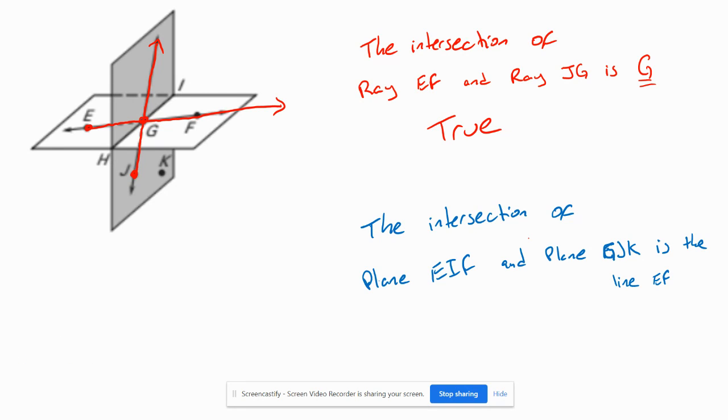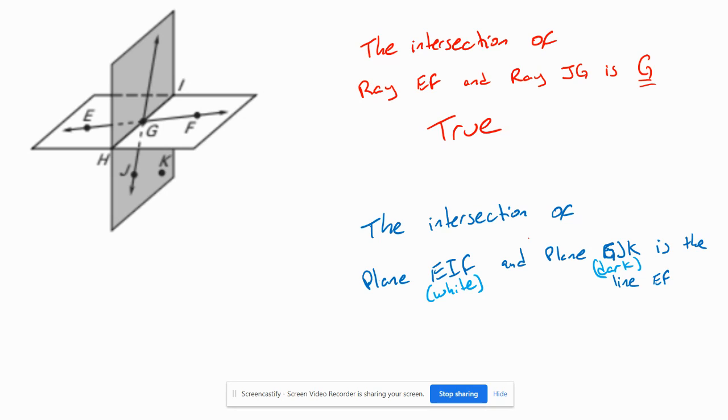Now, for my second question, the intersection of plane EIF. If you look at the points EIF, you'll notice my figure has a dark plane and a white plane. Those 3 points EIF are on the white plane, so I'm talking about the white plane. Now the plane GJK is the dark plane.